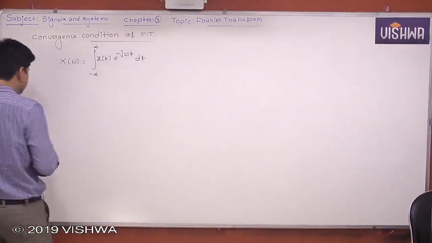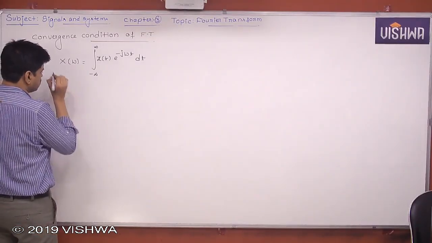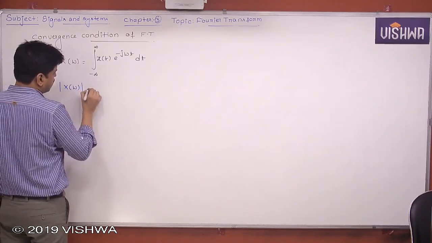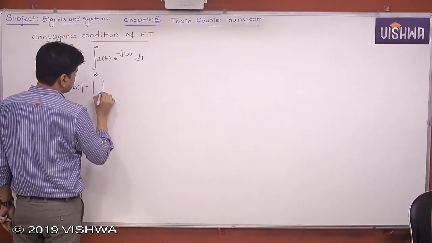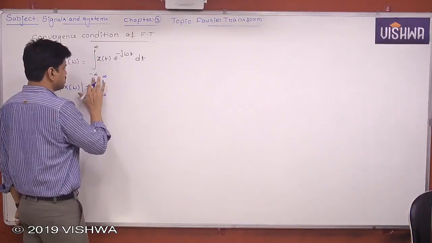So when can we say X of omega is bounded? Suppose I take mod X of omega, which is equal to the modulus of the integral from minus infinity to infinity of x of t e power minus j omega t.